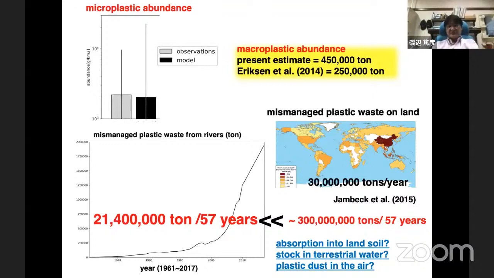If we count this, mismanaged plastic waste during about 60 years may increase to 300 million tons during these 57 years. So this is much larger than the plastic release from the rivers. So the huge amount of the plastic must remain on land.